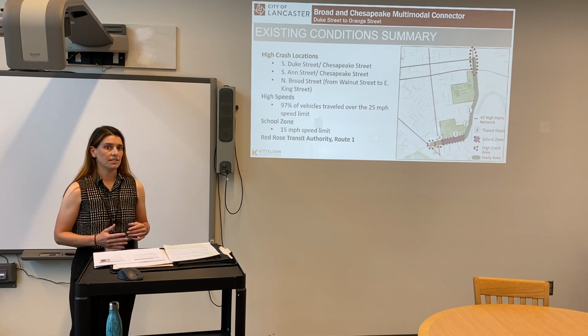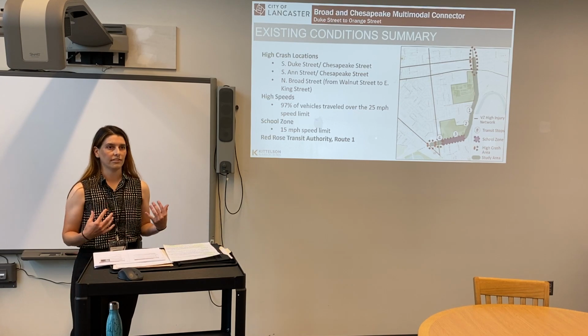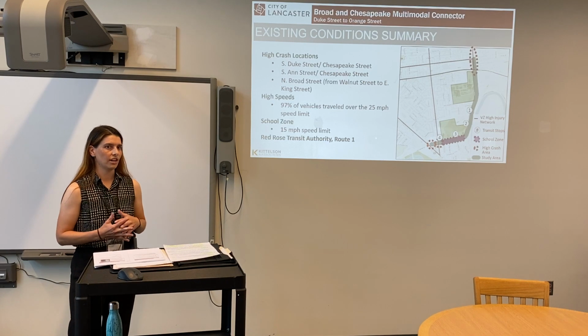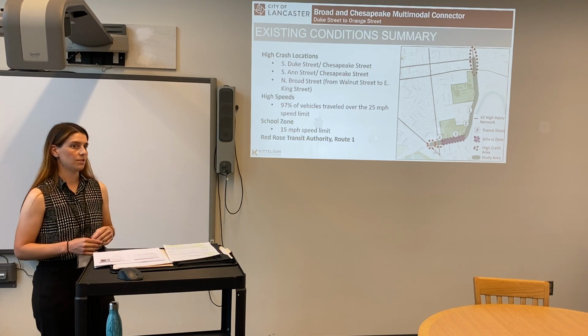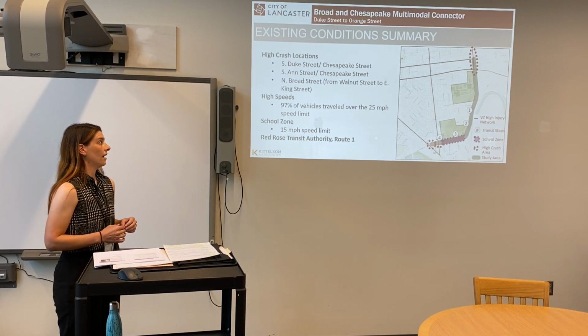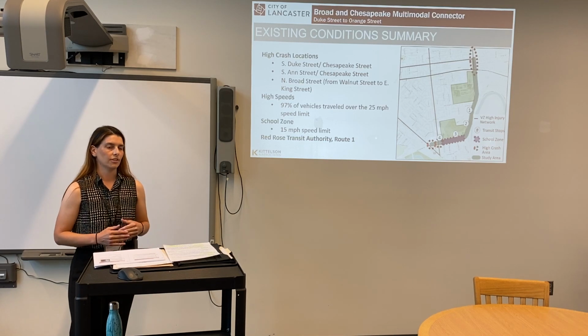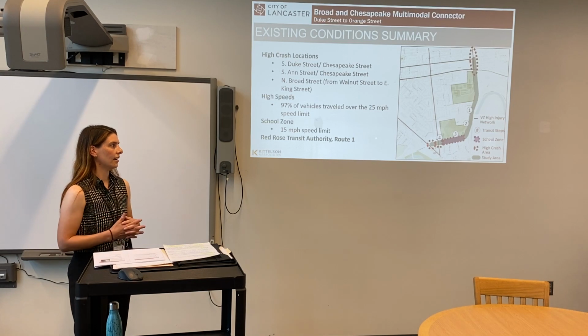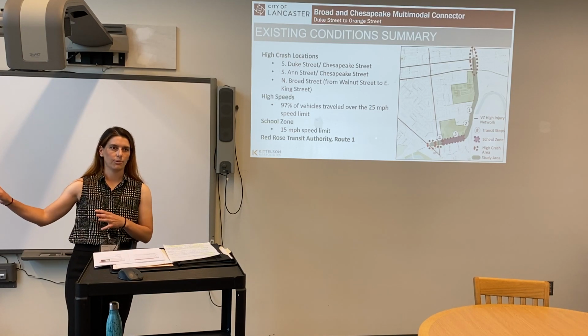There's also high speeds documented on the corridor, and we also heard that feedback from all of you as well. 97% of the vehicles are traveling over that 25-mile-per-hour speed limit. There's a school zone on the corridor between South Ann Street and Almanac Avenue, kind of right where we are right now.